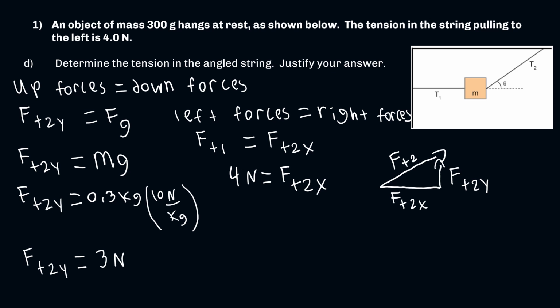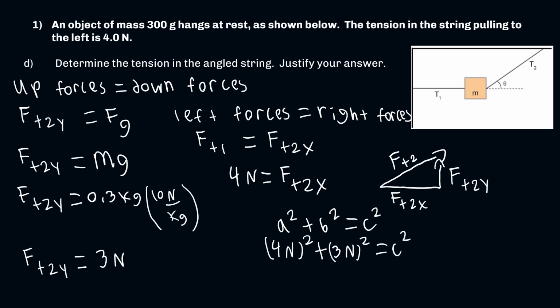So very quickly here, a squared plus b squared equals c squared. From this, we're going to make a, since that's the base of the triangle, that 4 newtons. So 4 newtons squared plus 3 newtons squared equals c squared. 4 squared is 16, plus 9 newtons squared equals c squared.